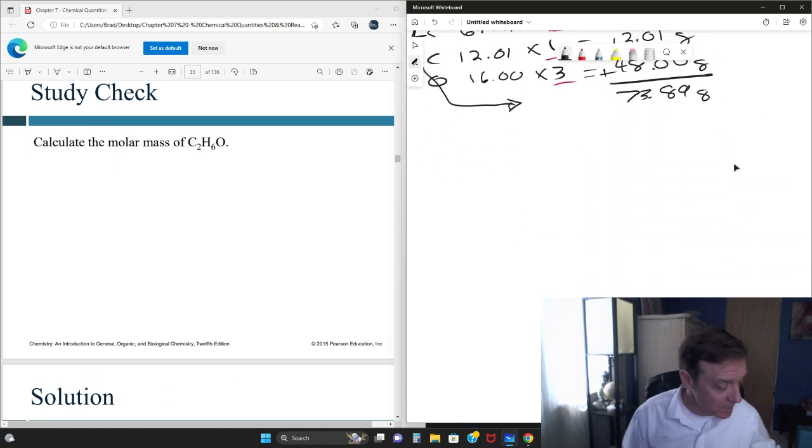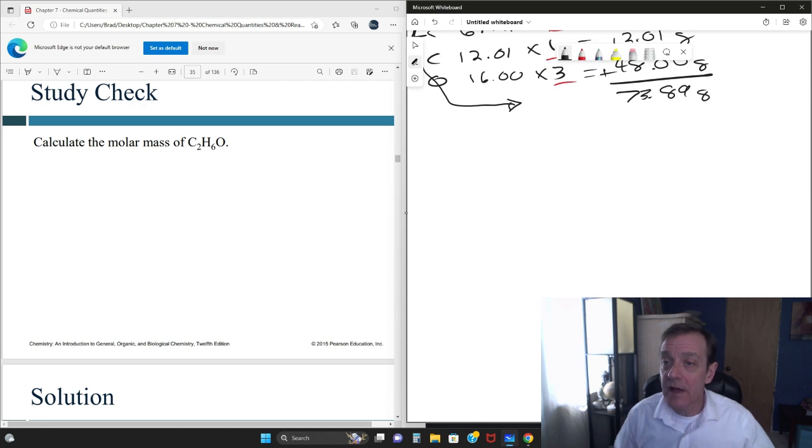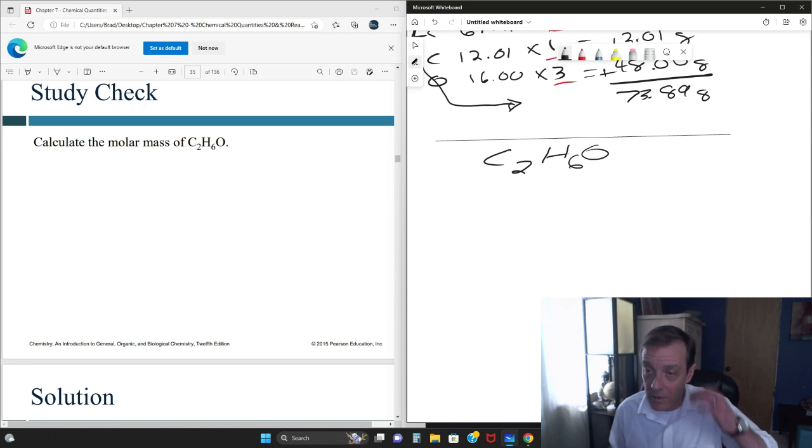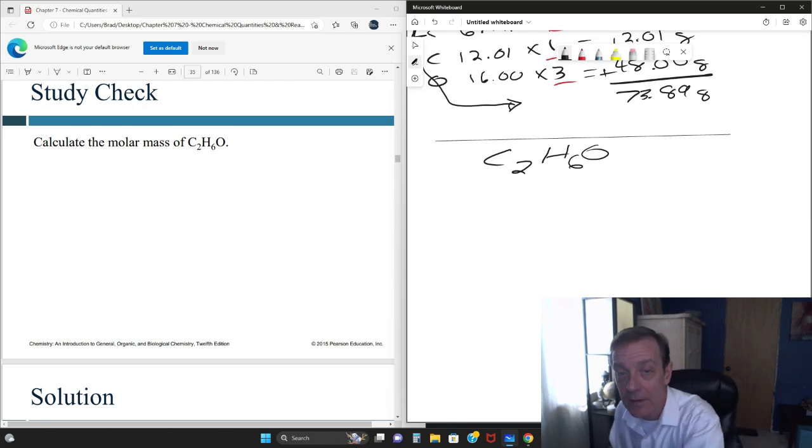All right, so let's do another example. The molar mass of this right here, and 1 oxygen.